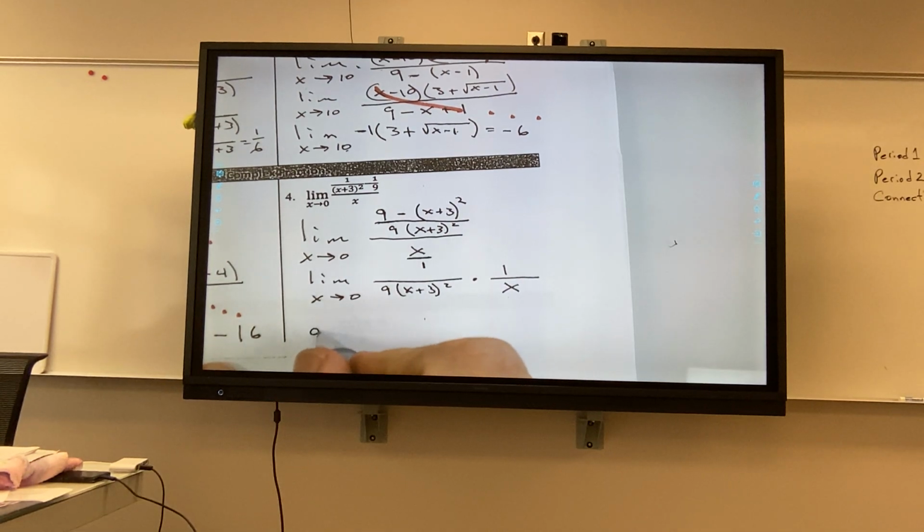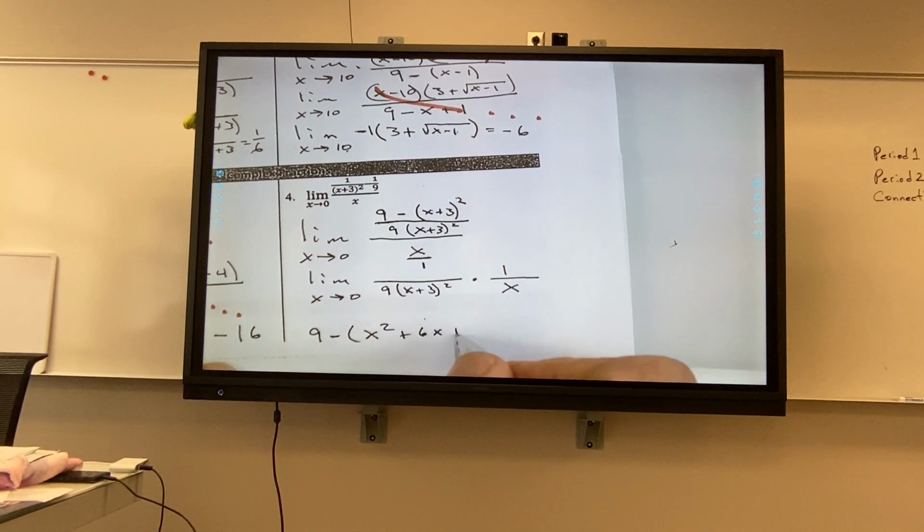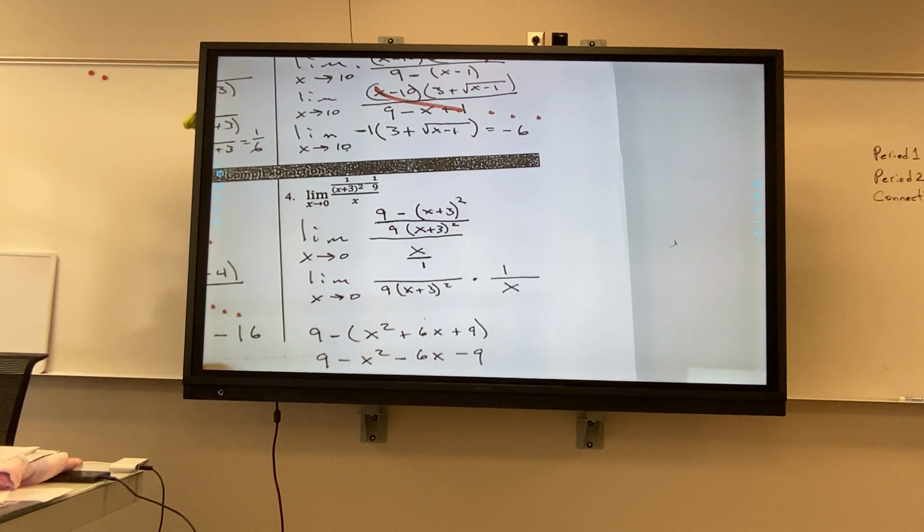Now, I'm going to do it down here, minus parentheses, would you say x squared plus 6x plus 9? Yeah. And then distribute? Did you do that? Yep. And then would you do this? Yep. And so now I have this.